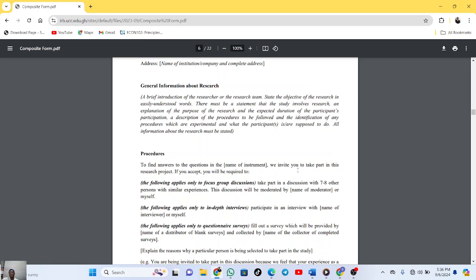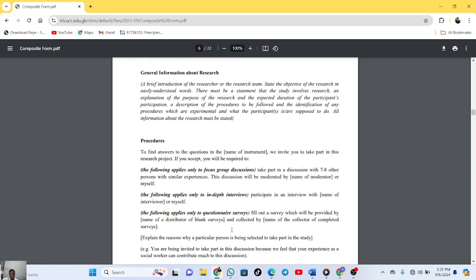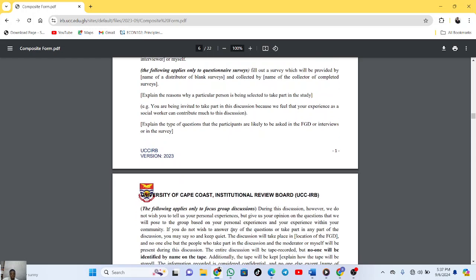We invite you to take part in this research project. If you accept, you'll be required to continue with the information. We have an instruction for focus group discussion, instruction for in-depth interviews. So you ensure that you provide all that information.